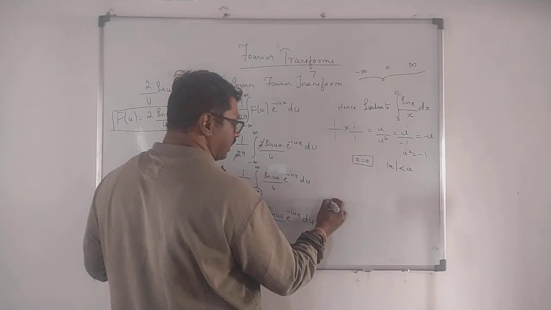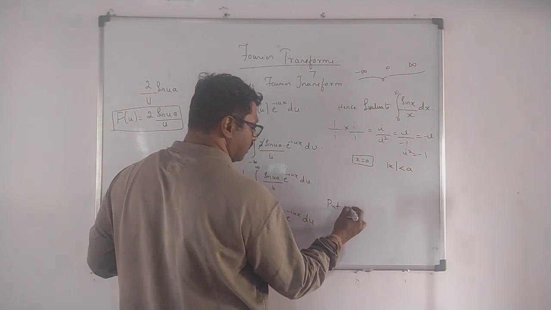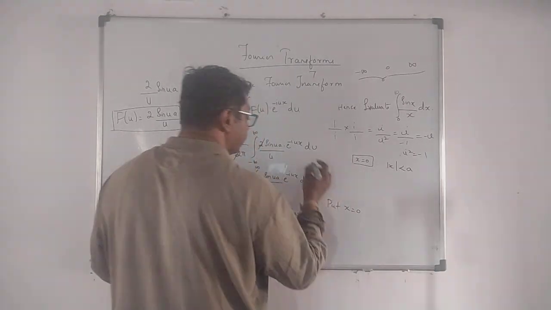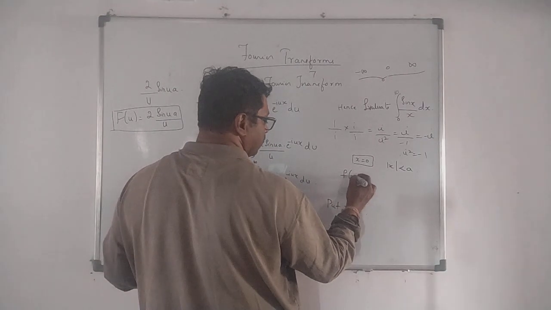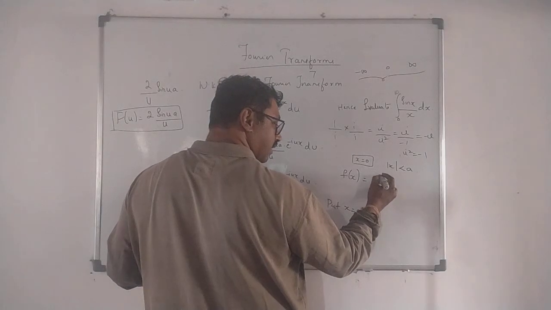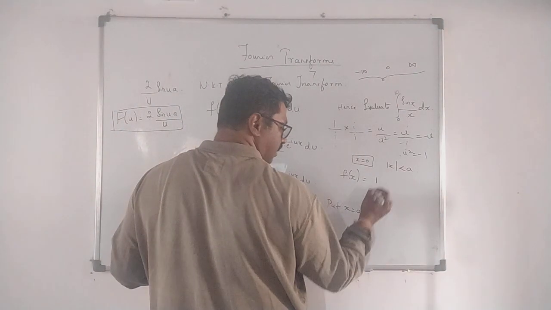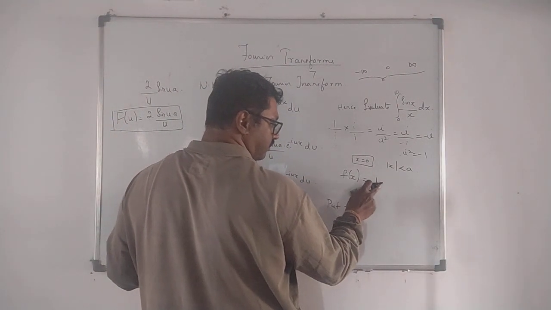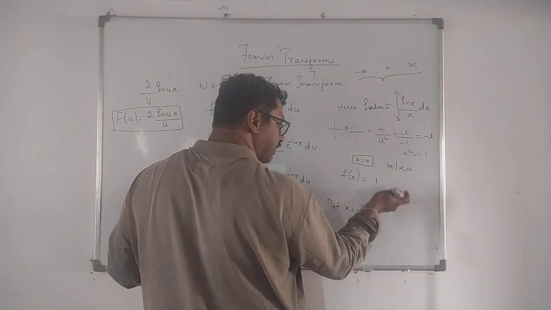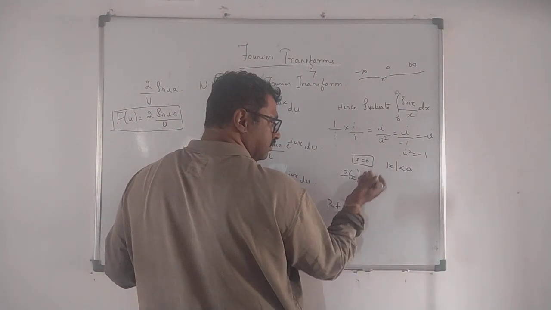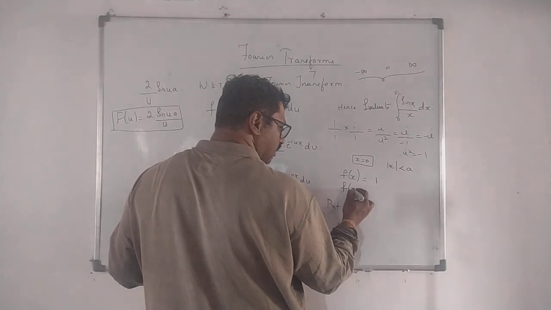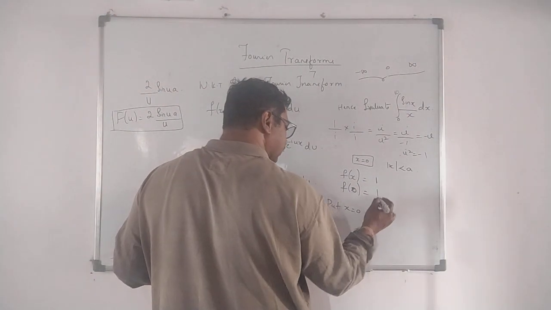See, put x equal to 0 here. So what will happen? F of x is what? They have given 1. F of x is equal to 1. There is no variable to put here. For f of 0, it will be 1 only.